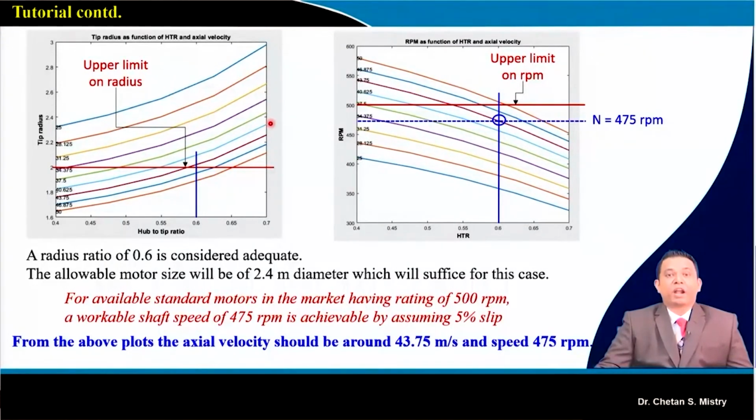Based on this parametric study we came up with a radius ratio of 0.6, giving an axial velocity in the range of 43.75 meters per second, and a rotational speed of about 475. Based on that we assumed an axial velocity of 44 meters per second and came up with a rotational speed of 480 RPM. That is what we decided as our final parameters for further calculation.